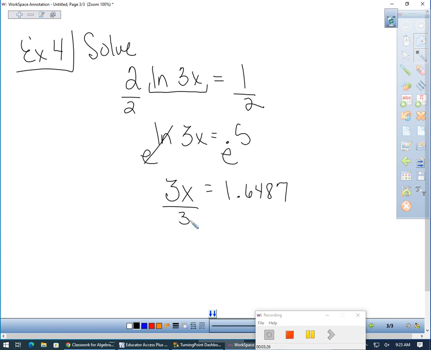Dividing both sides by 3 to solve for x, we get x equals 0.5496. Now, if you want to truncate, you just call it 0.549, or if you round, this would become 0.550 technically. All right, do we have any questions so far?